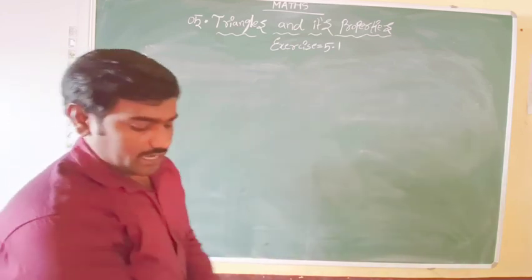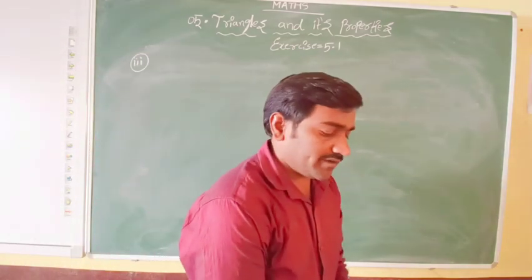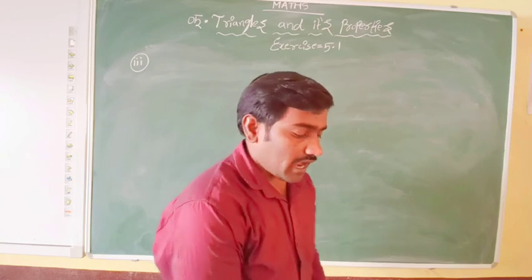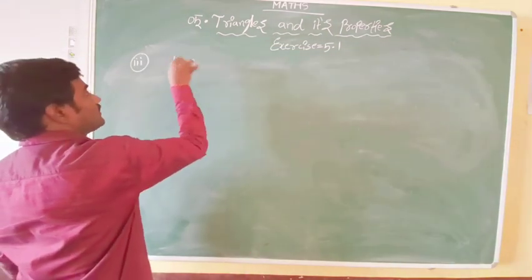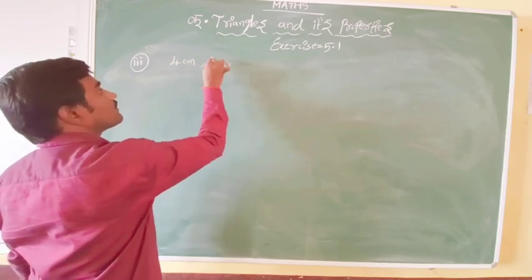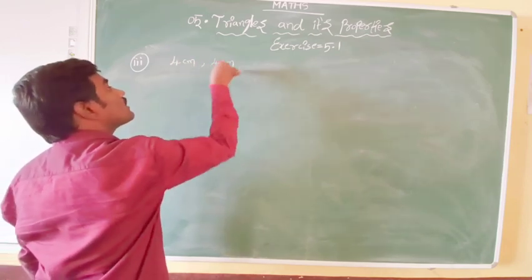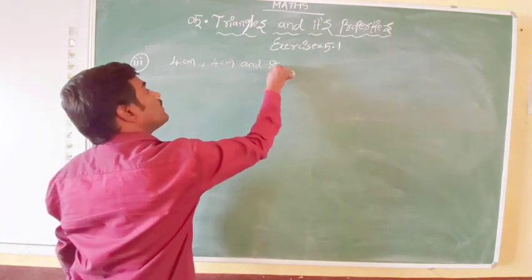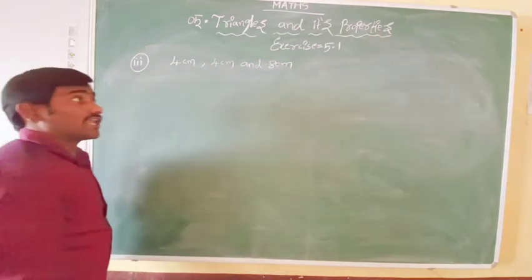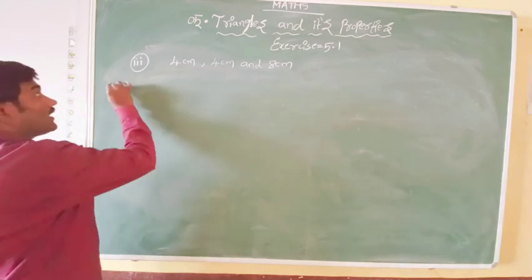The third question is 4 centimeter, 4 centimeter and 8 centimeter. Here you have to observe very carefully, because the triangle possibility will not take place here. Why?